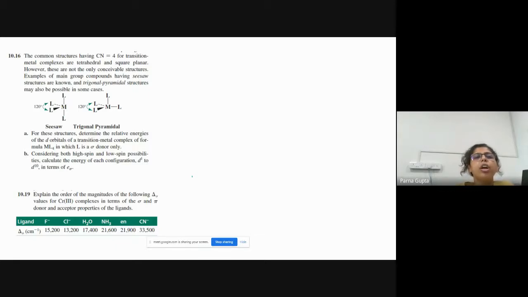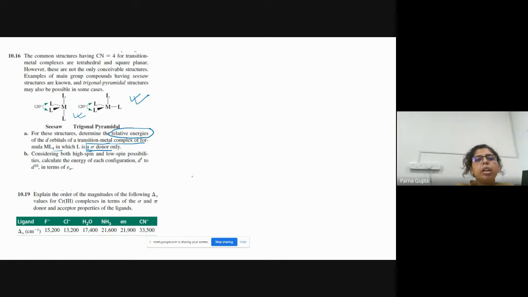So the first question is this structure: if you have this ML4, this would be the structure. Generally, transition metal complexes of this type are very few; mostly this is for main group chemistry, but still, if it happens, determine the relative energy of the d orbitals for a transition metal complex ML4 where L is a sigma donor only.